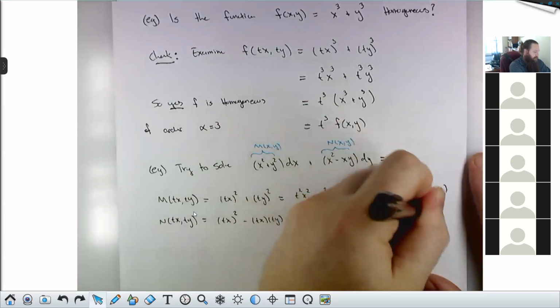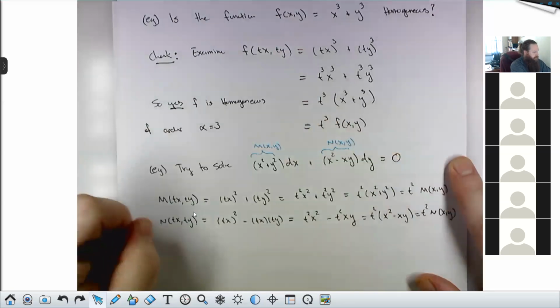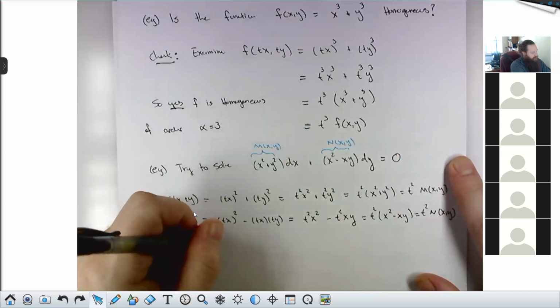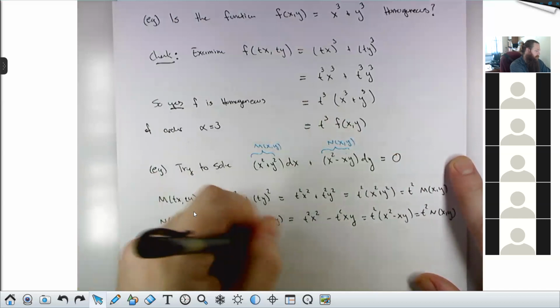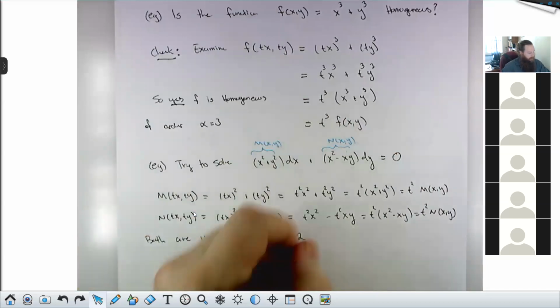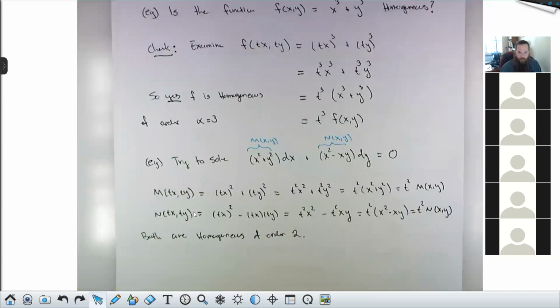So that's t squared times N of x,y, both homogeneous of order 2. Therefore, the differential equation is homogeneous.